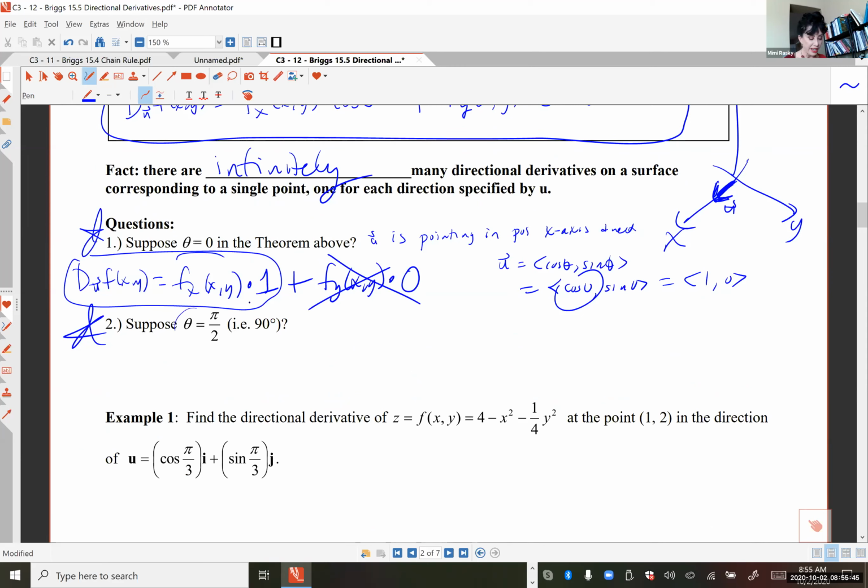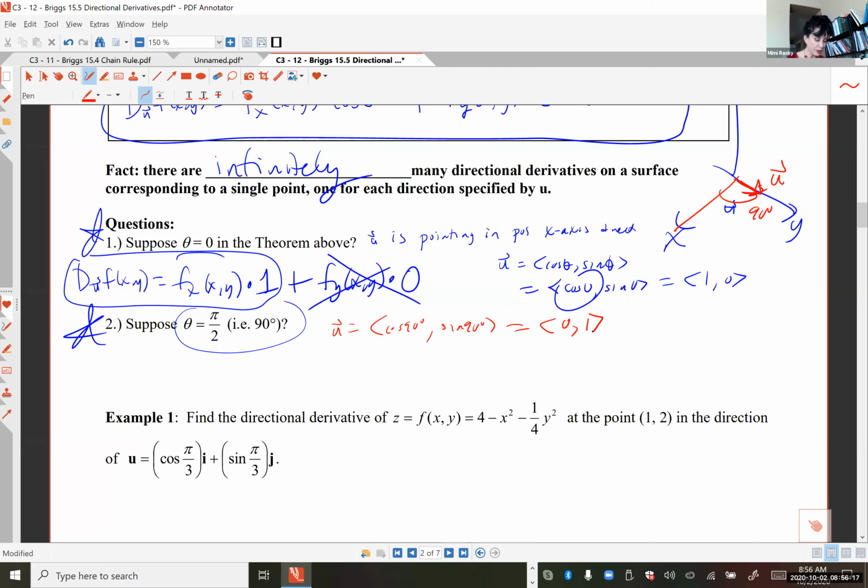Similarly, if your theta is pi halves, what does that mean? Your little direction vector is pointing 90 degrees from the x-axis. So your u would be cos of 90 degrees, sine of 90 degrees, and cos of 90 is 0 and sine of 90 is 1.